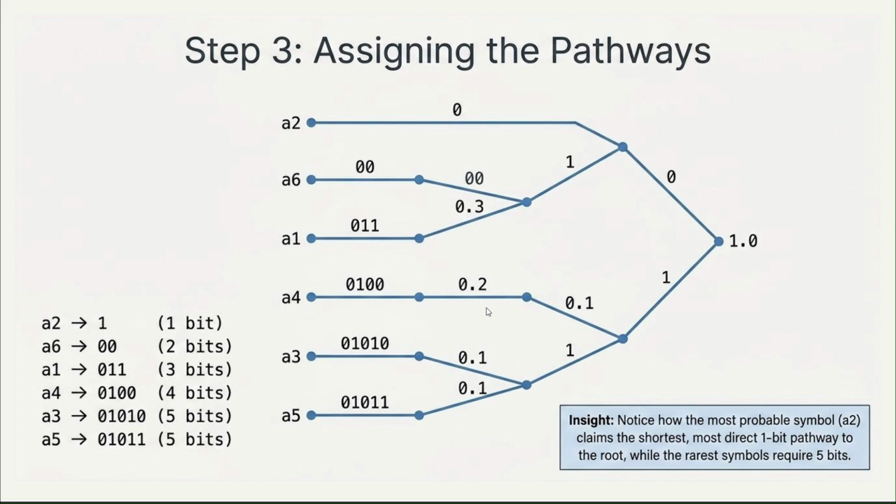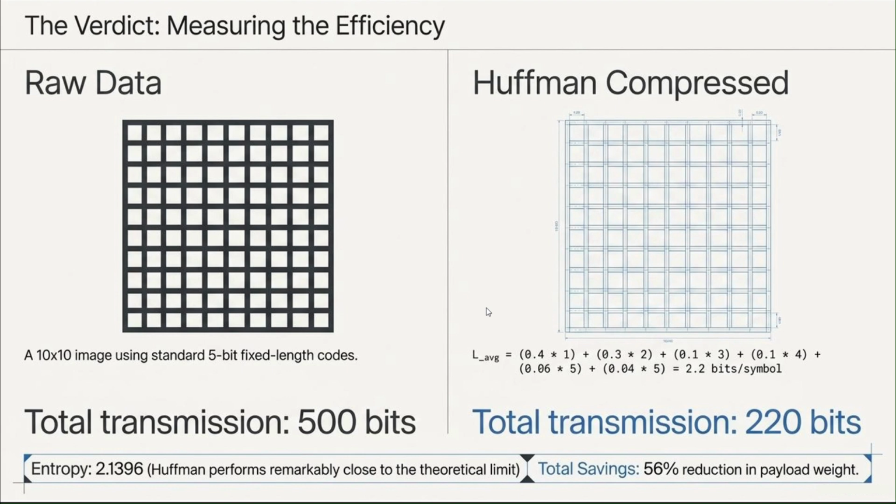Finally, to find the specific code for any symbol, we trace the path from the root of the tree on the right back to the original symbol on the left. The verdict. Once we have our code, we can calculate the overall efficiency by finding the average length of the code word, which is the sum of the lengths of each code multiplied by the respective probabilities.